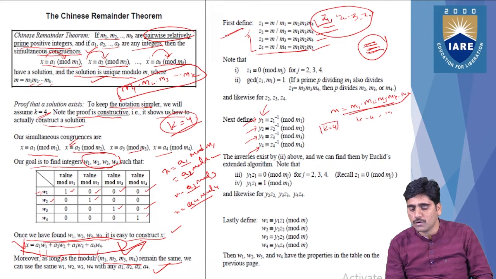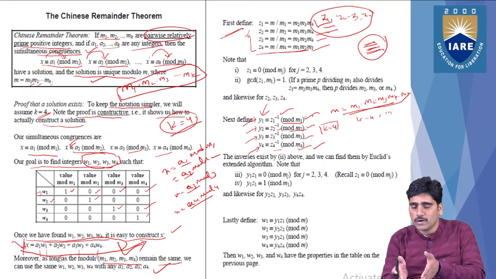To obtain the Y values, we use the inverses: Y1 is Z1 inverse mod M1, Y2 is Z2 inverse mod M2, Y3 is Z3 inverse mod M3 and Y4 is Z4 inverse mod M4. So we have to define these Y1, Y2, Y3, Y4 values.